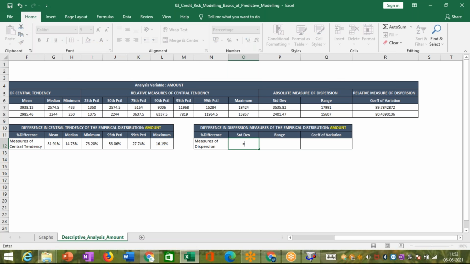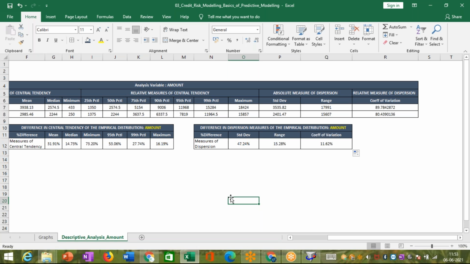So if I look into the standard deviation over here, have a look into the measures of dispersion. The standard deviation for the bad accounts is higher. What it shows is that the average of the amount variable is higher for the bad borrowers, which is perfectly intuitive.